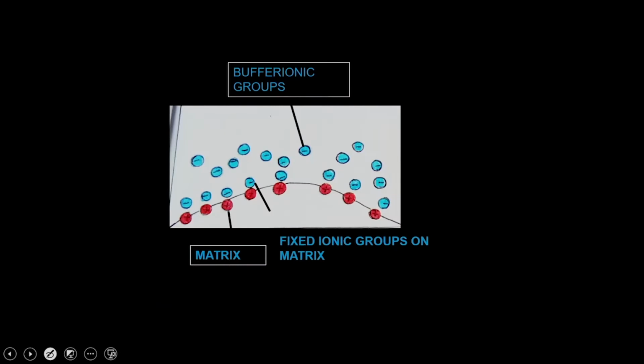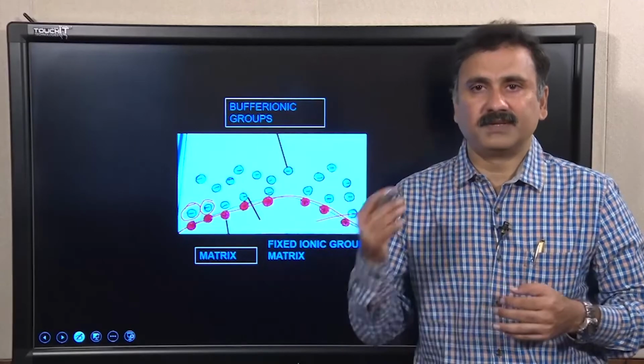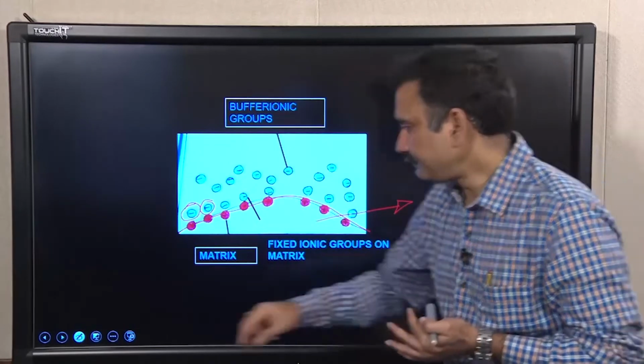Once you do this, the matrix containing the positively charged groups binds the negatively charged counter ion, and now this matrix is ready to be used in the ion exchange chromatography protocol.